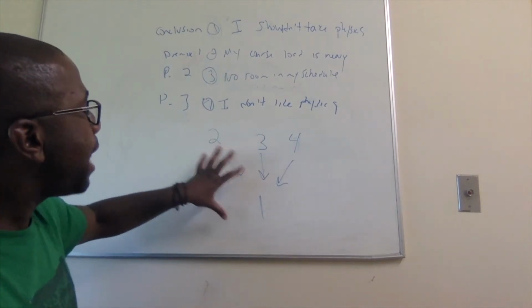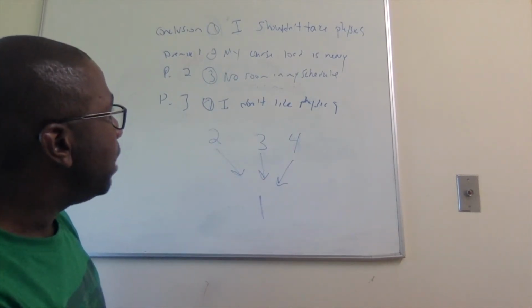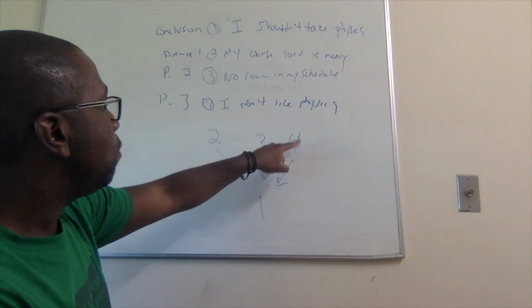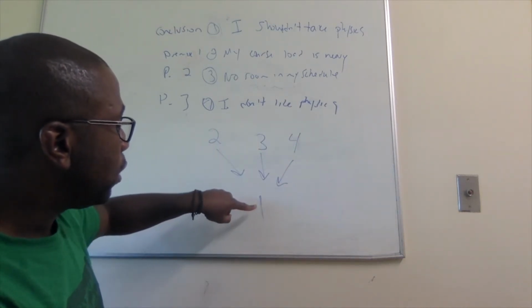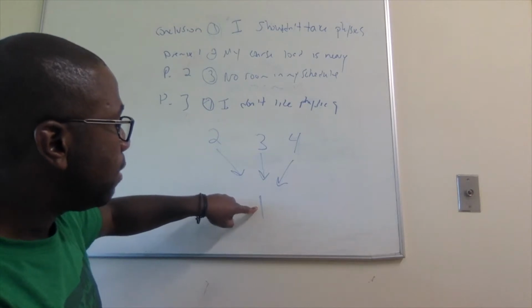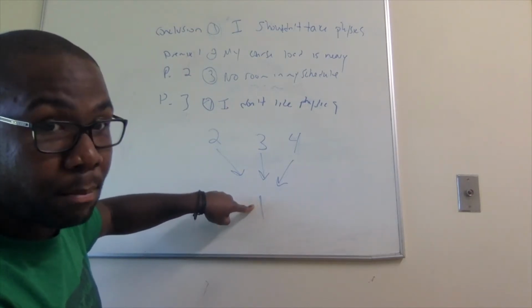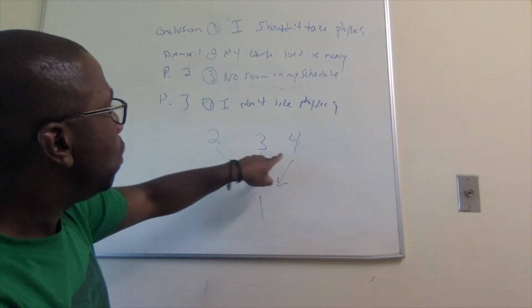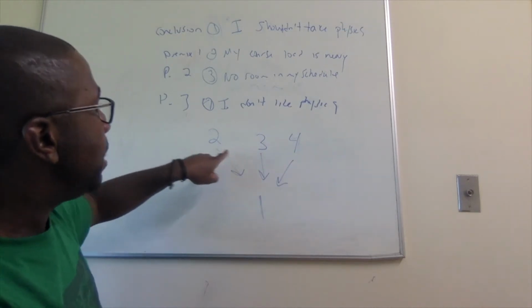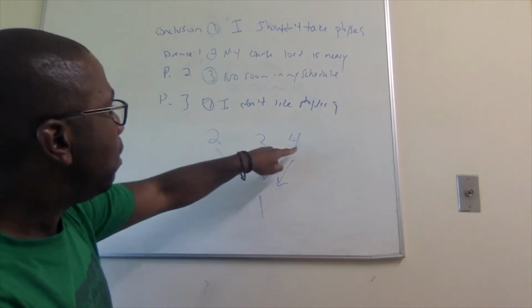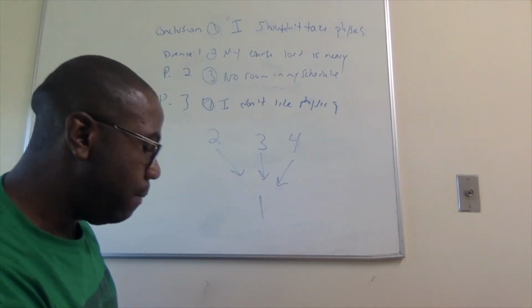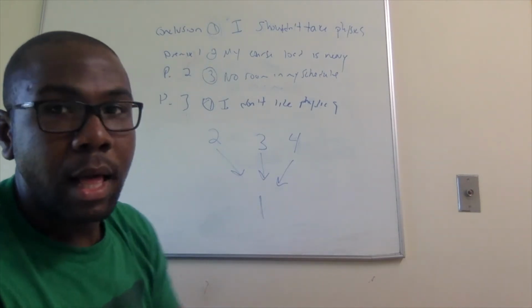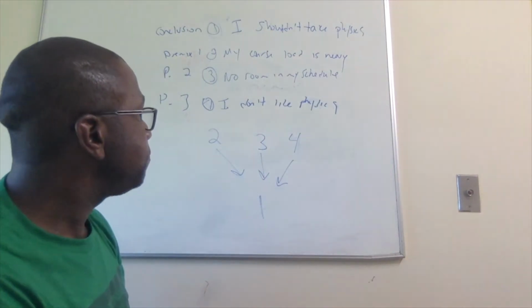This is how you would diagram an argument wherein your premises are independent premises. But the key is the number for your conclusion goes at the bottom, and your independent premises go above, and you draw arrows connecting your premises to the conclusion.